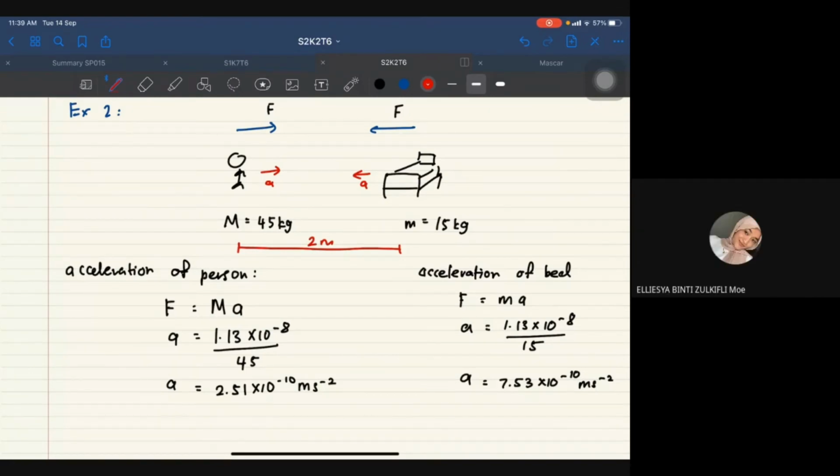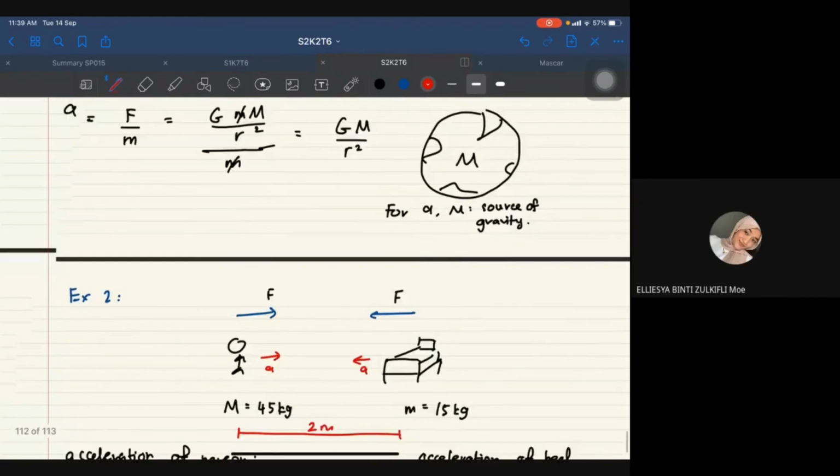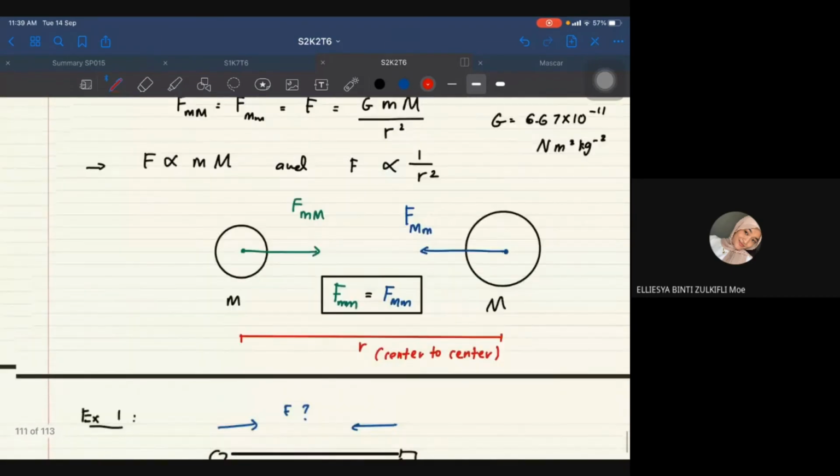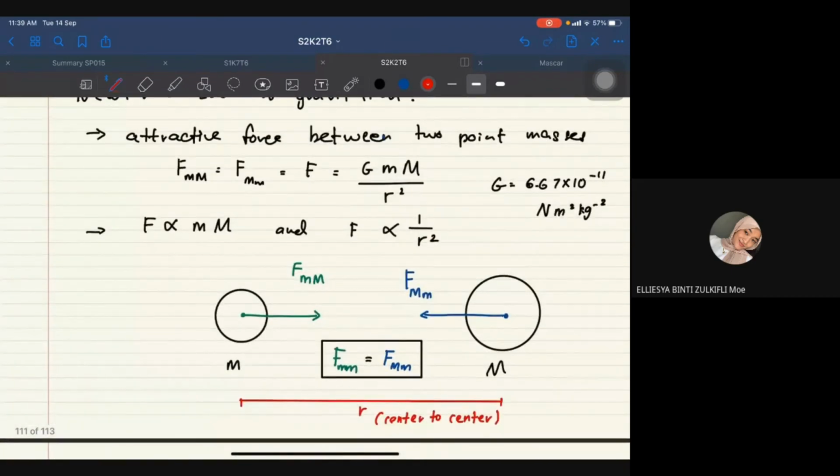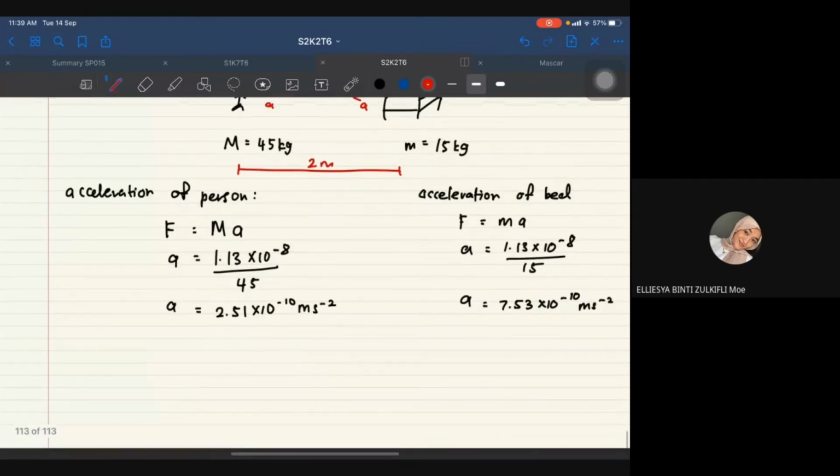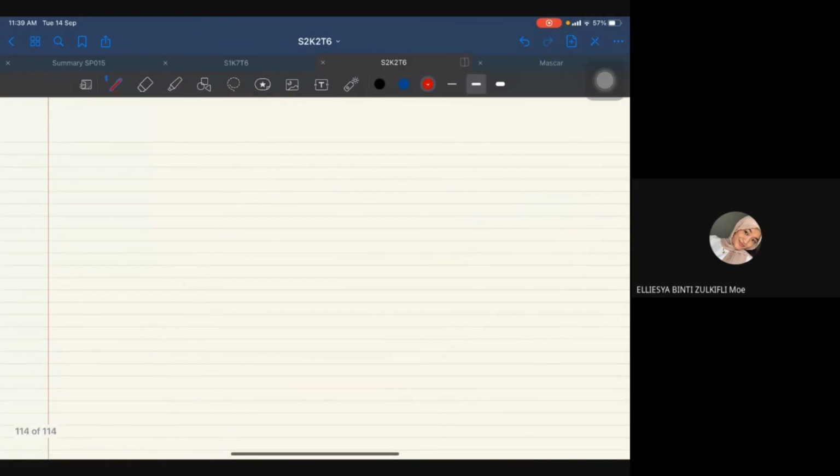Okay, so basically you learned a few things today. Yang pertama sekali, you have two formulas that you learned. Okay, saya simpulkan sikit apa yang kamu belajar today. Dan lagi kita buat latihan. But before that, saya just simpulkan the two formulas. So you have force of gravity, which is equal to F equals G M over R square.